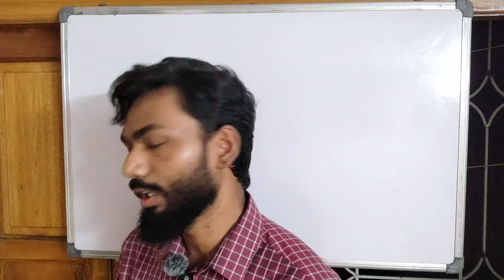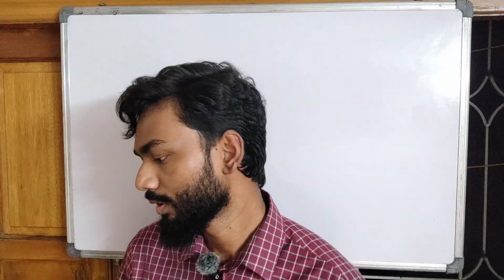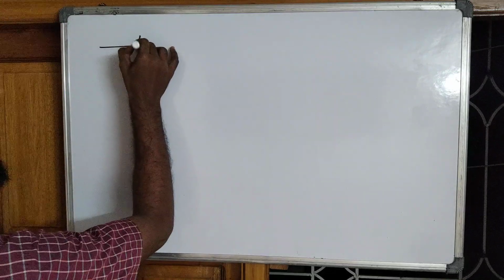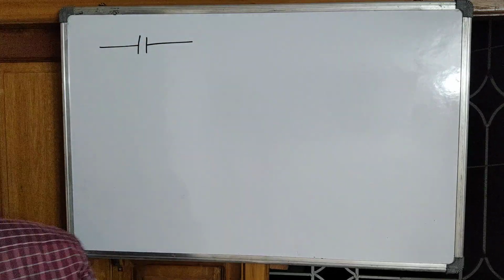What's the question? What's given? The charge across the 6 microfarad capacitor is 8 microcoulomb. Okay, so let's draw the circuit diagram at first. This is the 4 microfarad capacitor.